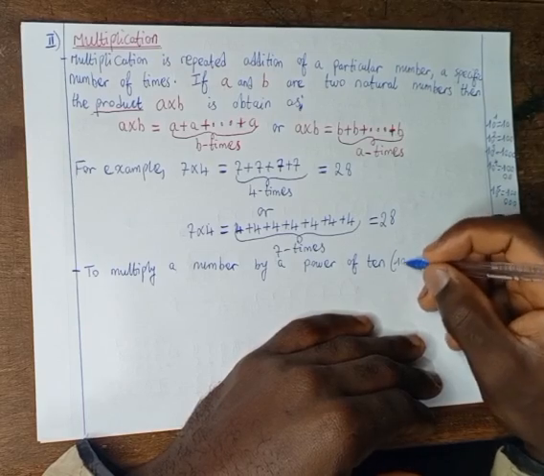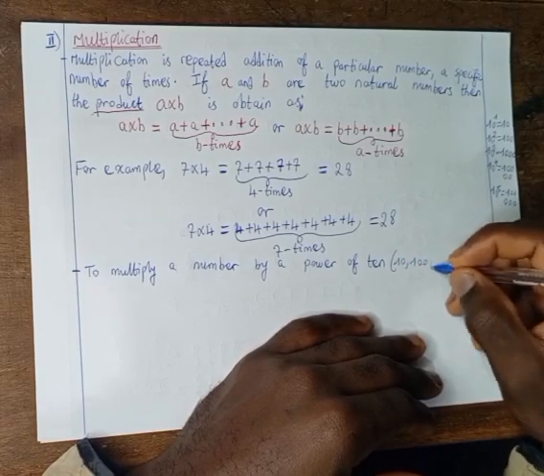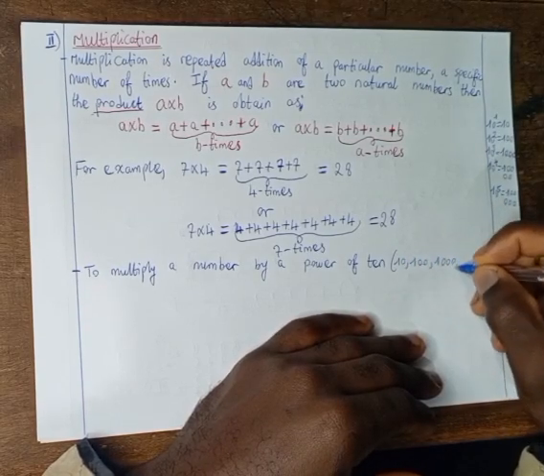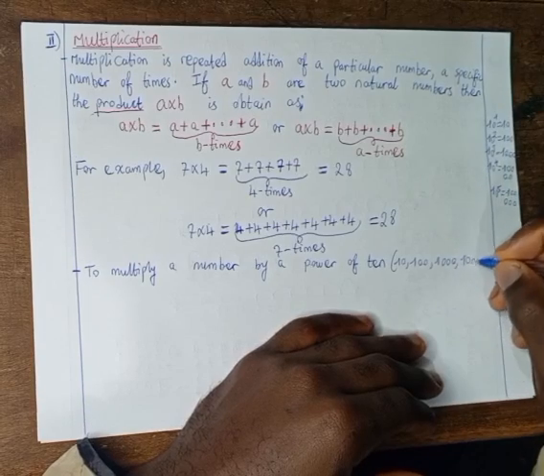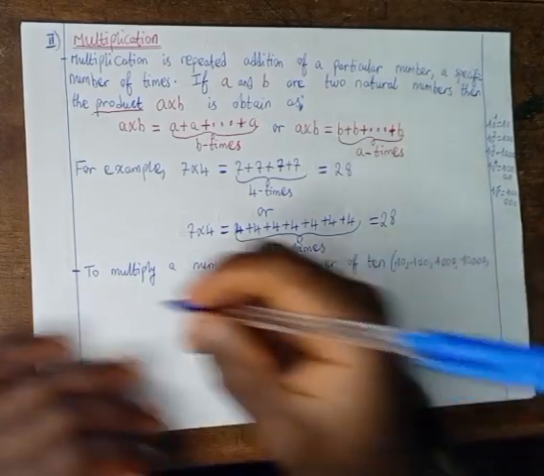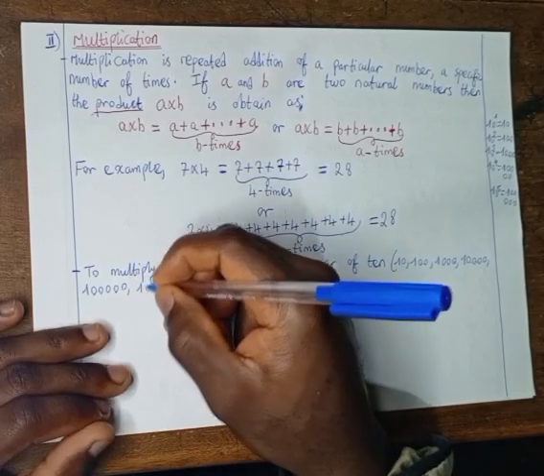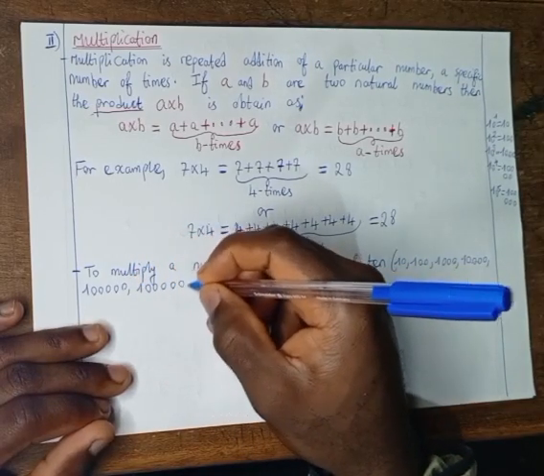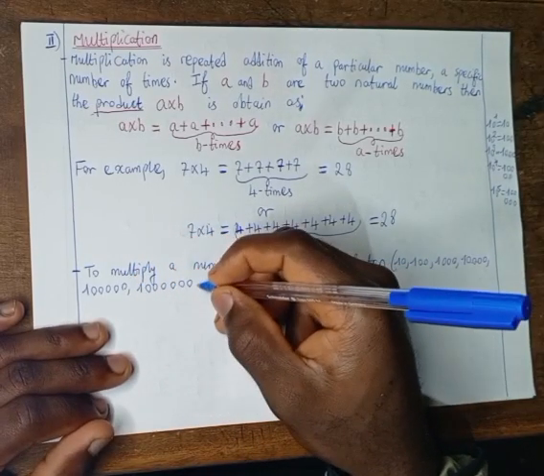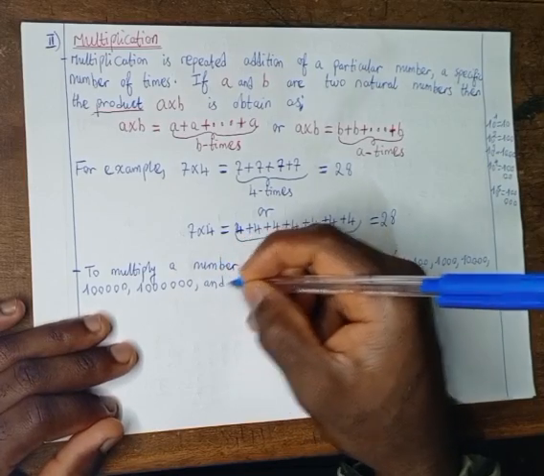So that means you are referring to 10, 100, 1000, 10,000, 100,000, 1,000,000, and so on.